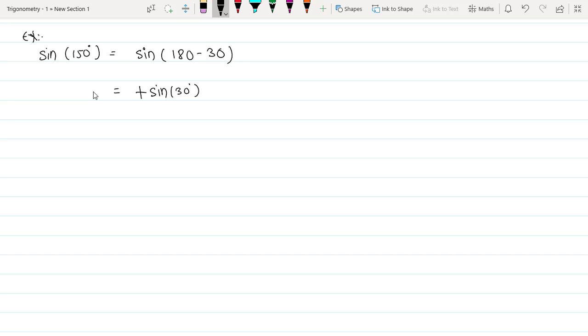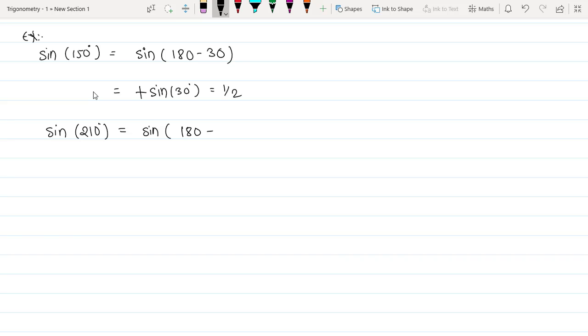It's 1/2. So what is the answer here? This 1/2. So sin of 150 is nothing but 1/2. Now give me sin of 210, how much is it? Let's find out sin of 210. 180 plus 40? No, not 40, 30.